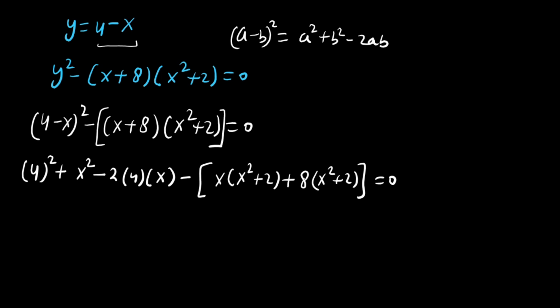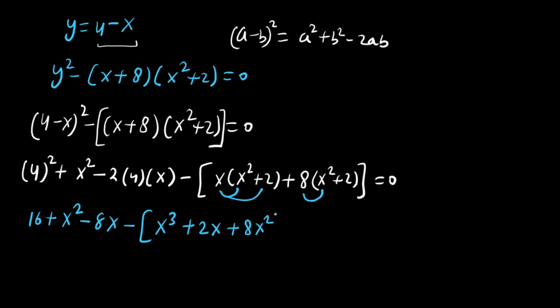Then 4 square is 16 plus x square minus 8x, minus x times x square gives x cube, x times 2 gives plus 2x, 8 times x square gives plus 8x square, and 8 times 2 gives plus 16, equals 0.